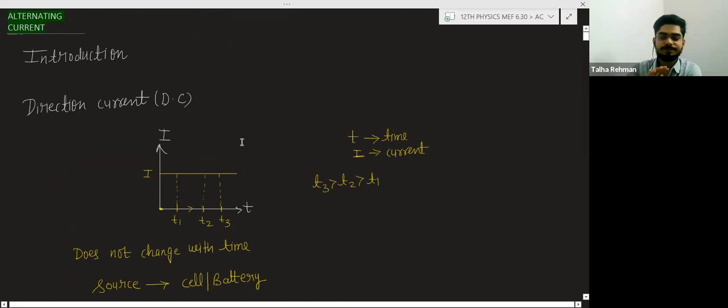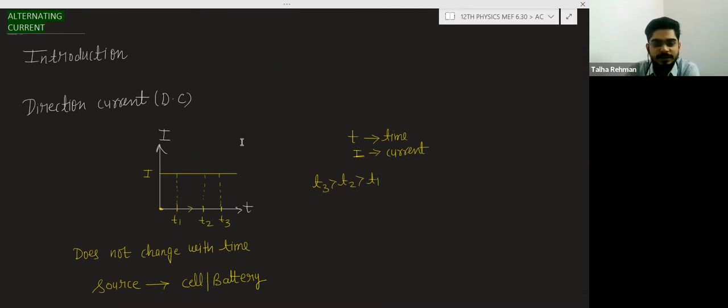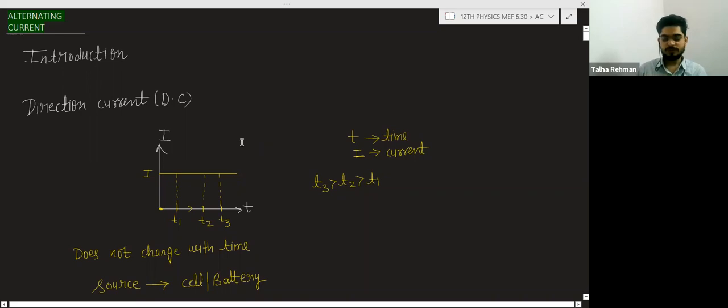So basically, first you should know what direct current is before alternating current. If you plot a graph of current versus time for direct current, you will see this current is constant with time. It does not change direction with time.